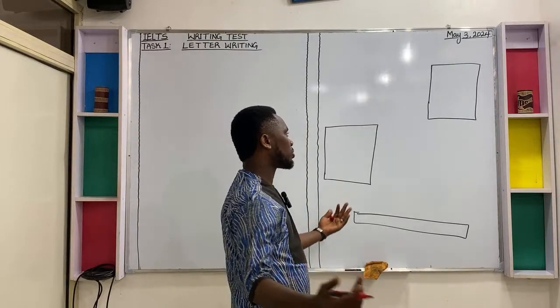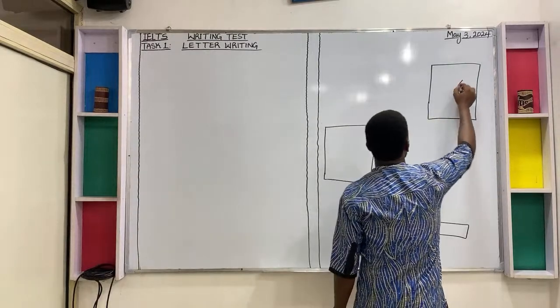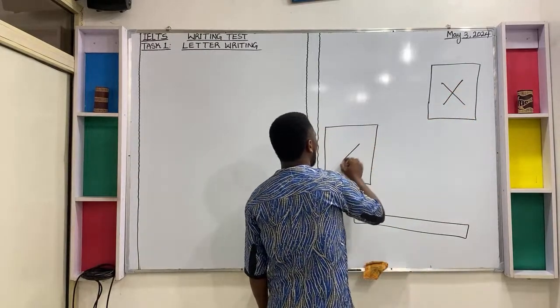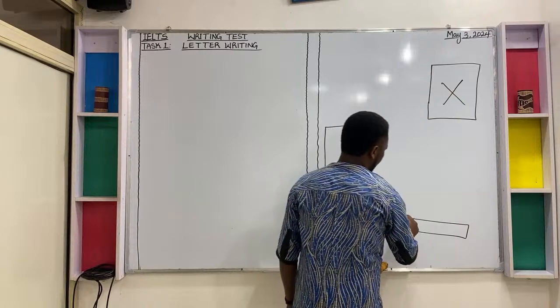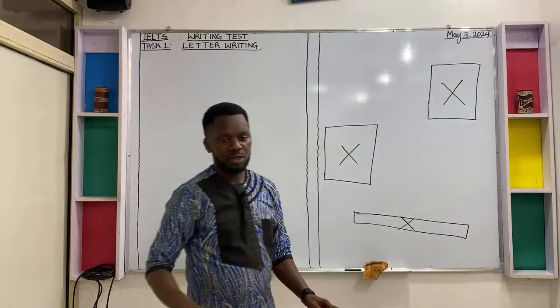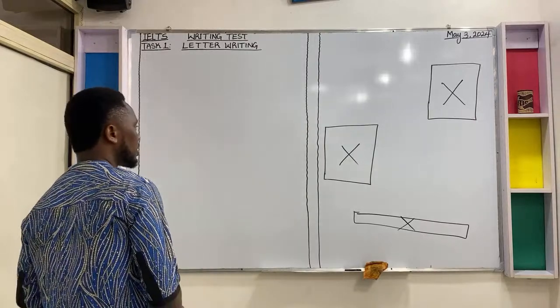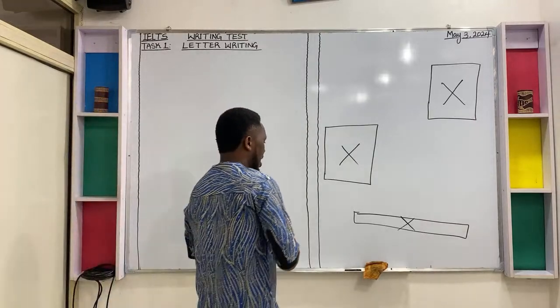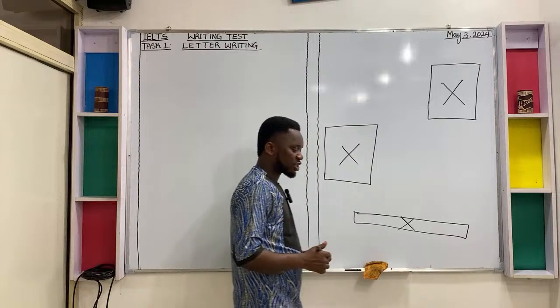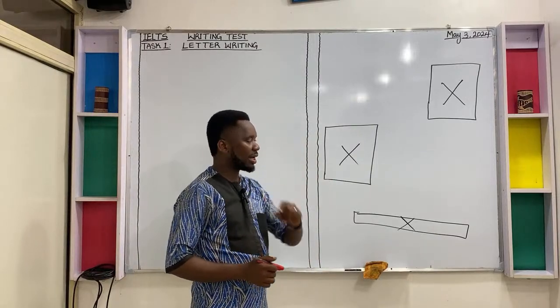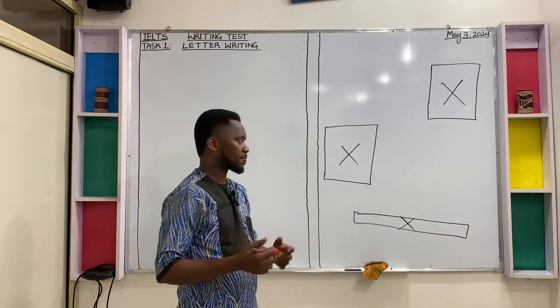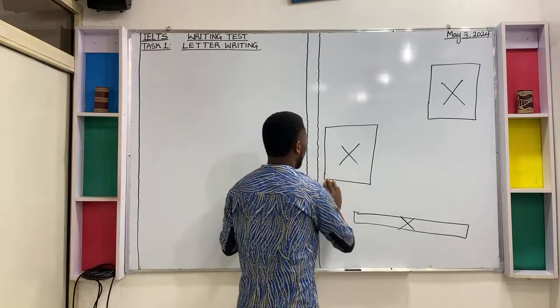Now in IELTS, please, you do not need any of these. You don't need to write them. They are not necessary. Do you understand? IELTS expects you to go straight to your letter.